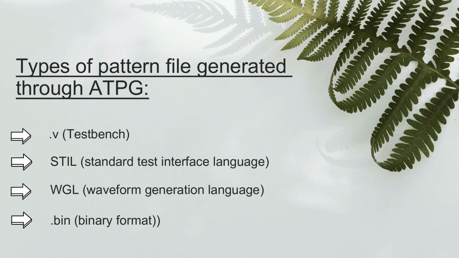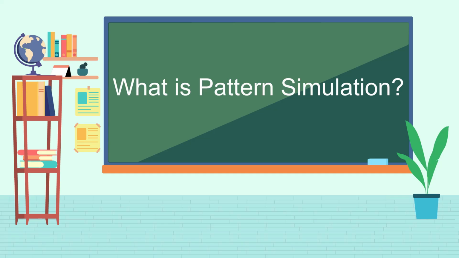This is also another format used for chip testing. The last is binary format. This can be considered as the golden response pattern, which helps in simulation debugging. Each pattern format has its specific purpose, which we will discuss in detail when we cover the ATPG flow in upcoming videos. After generating patterns through ATPG, the next step is to simulate them.